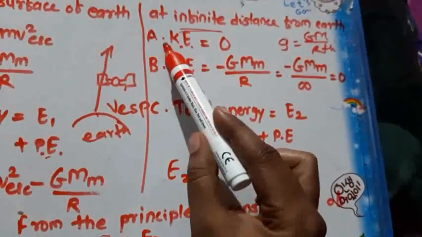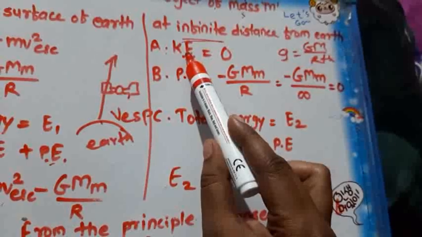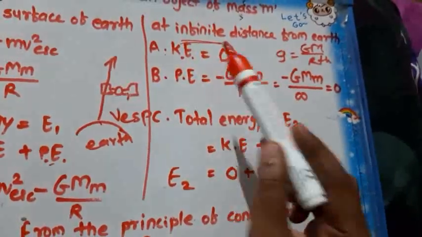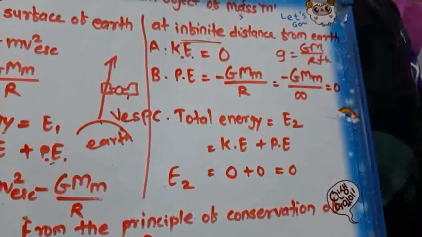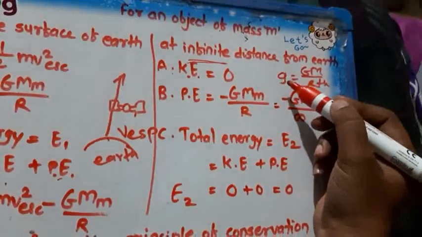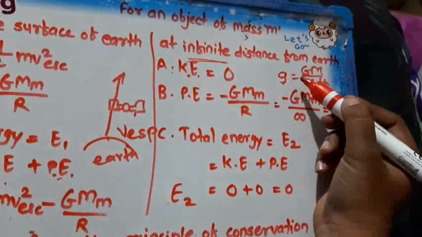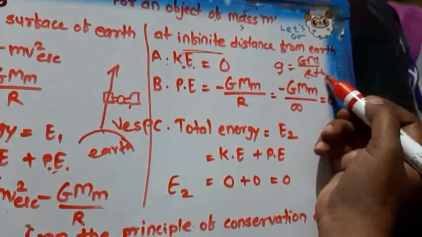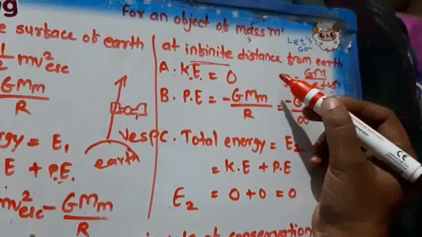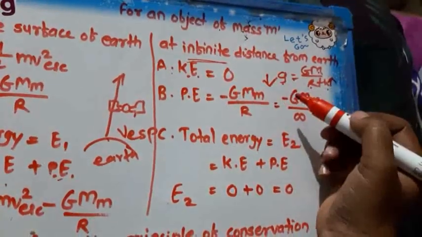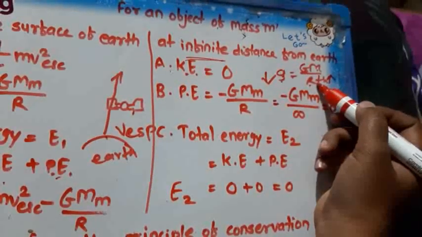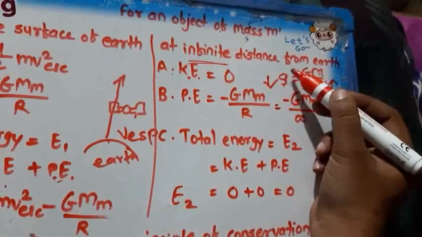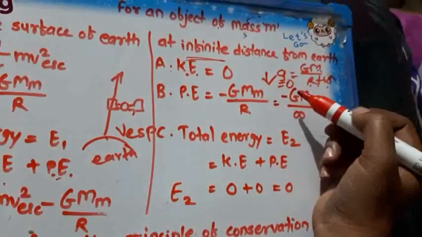Now here kinetic energy of the object at infinite distance will be 0. Why is it 0? Because acceleration due to gravity is given by formula G M upon r plus h squared. So as height increases, acceleration due to gravity decreases because they both are in inverse proportion. So at infinite height, value of g will be approximately 0.